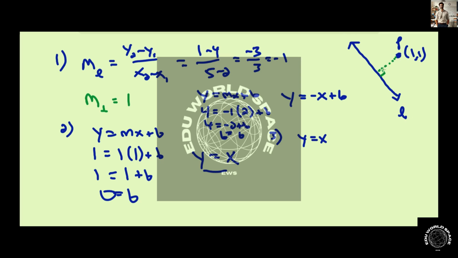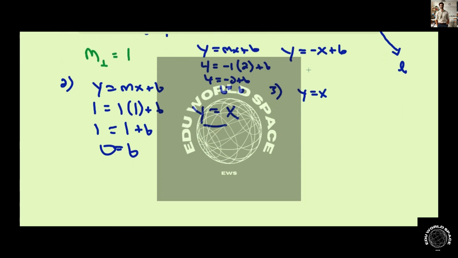We need to find, where do they meet? So we set them equal to each other. Negative x plus 6 equals x. That is really what step 3 is. So 6 would equal 2x, and x would equal 3 when you divide both sides by 2.